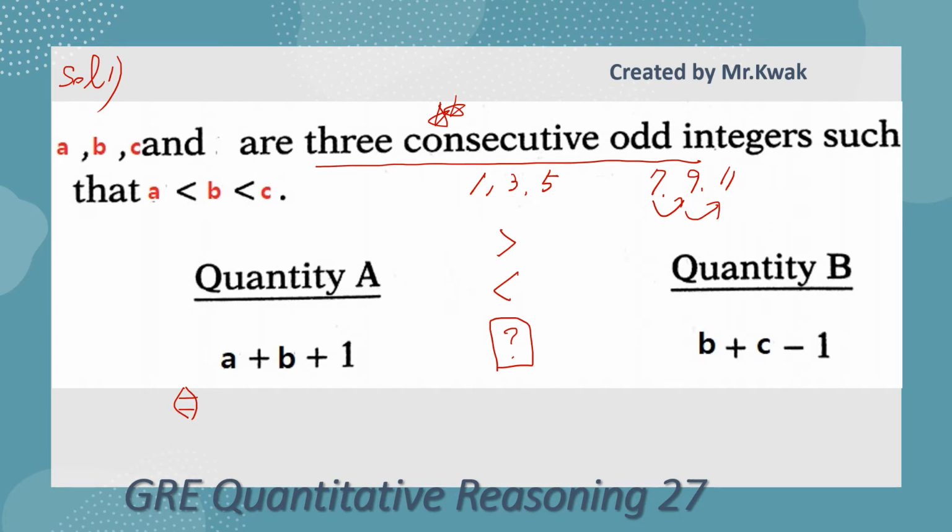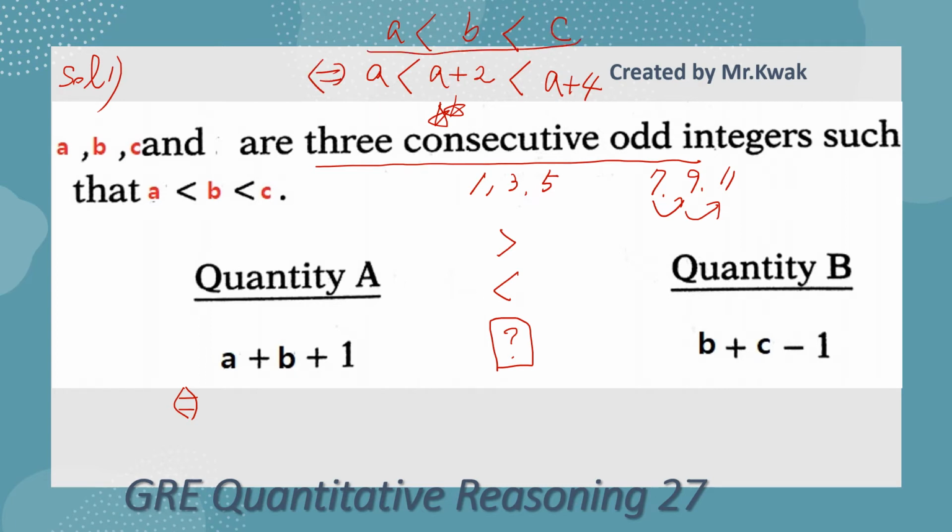So the smallest odd integer is A. In that case, what is the next consecutive odd integer? It could be A plus 2. Is that correct? Yes, right. And then the consecutive one could be A plus 4. So A, B, C.